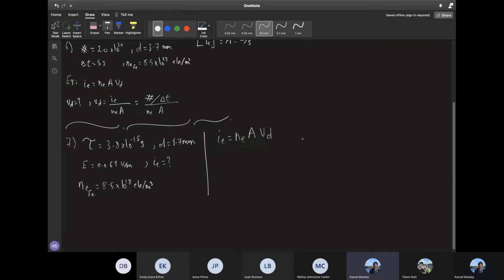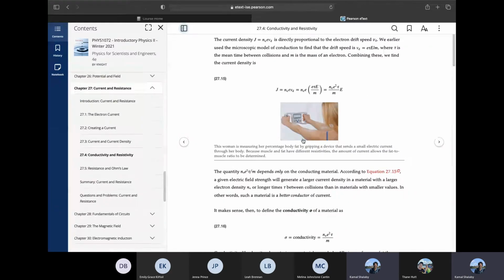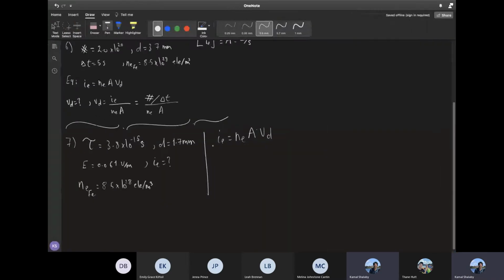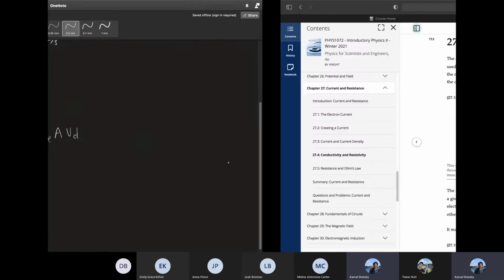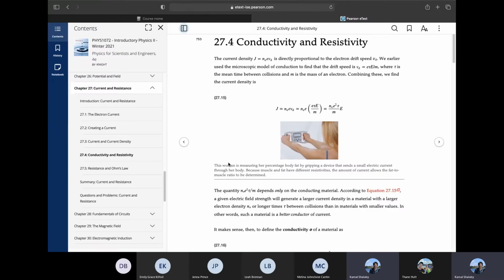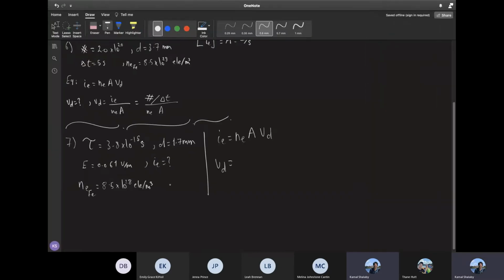Okay, we do have that. We also do have that the v_d is equal to e tau over m_e.